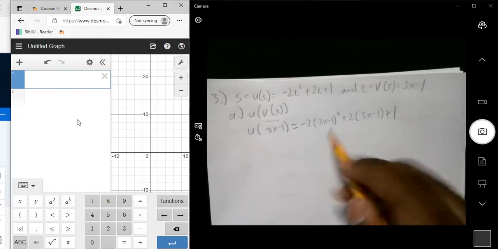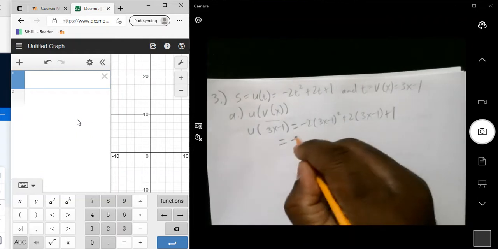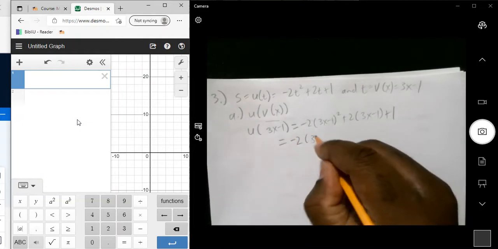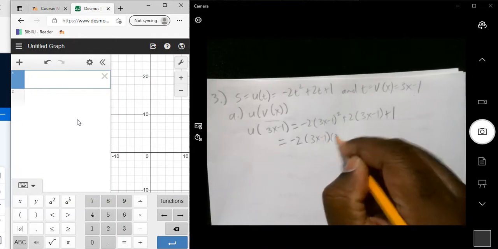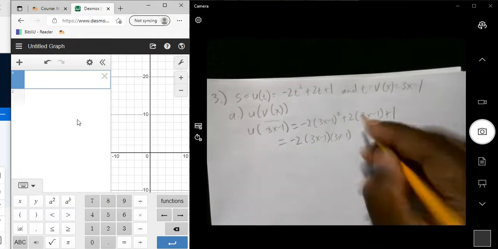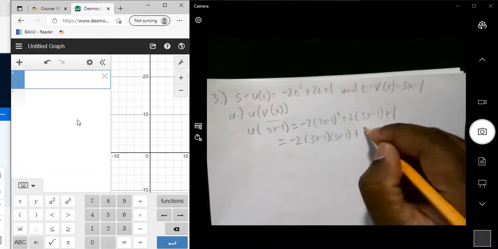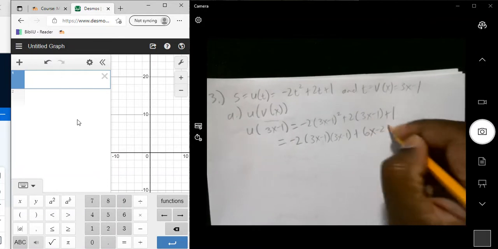So we need to square this parenthesis here. So it'd be negative 2 times 3x minus 1 times 3x minus 1. Plus, we can multiply this here. This would be 6x minus 2 plus 1.